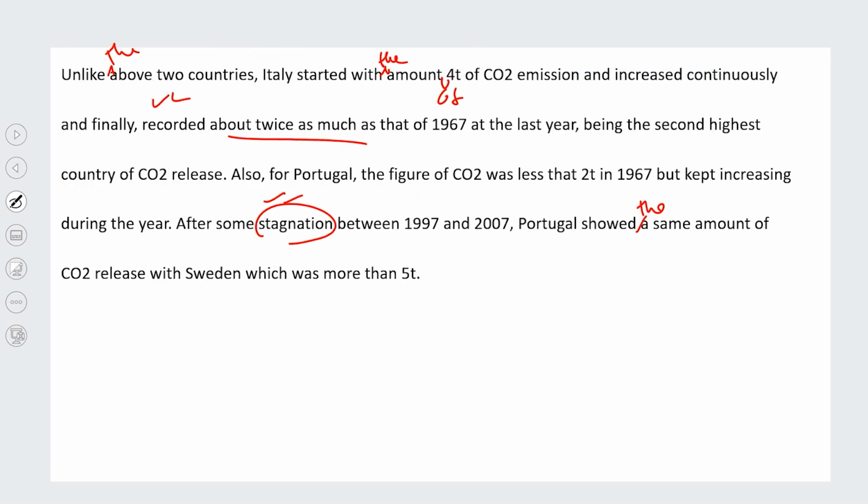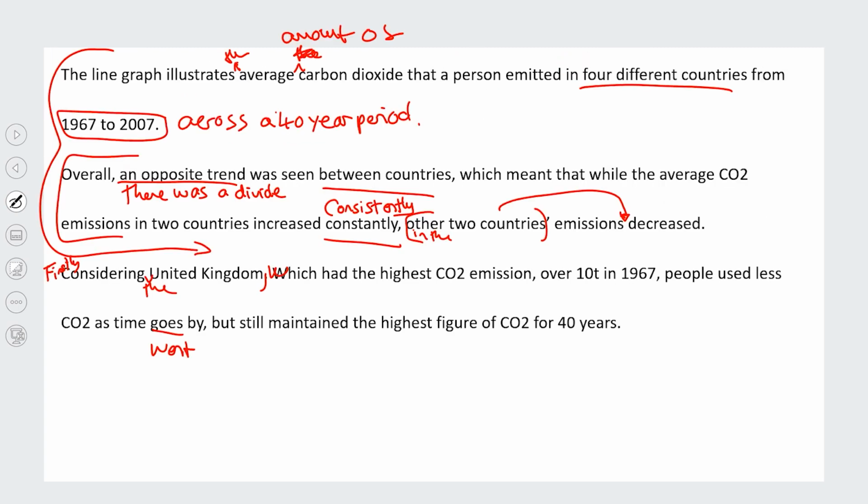The thing about picking out main features is being able to describe a main trend and then describe it with specific details. For example, we're talking about the United Kingdom.